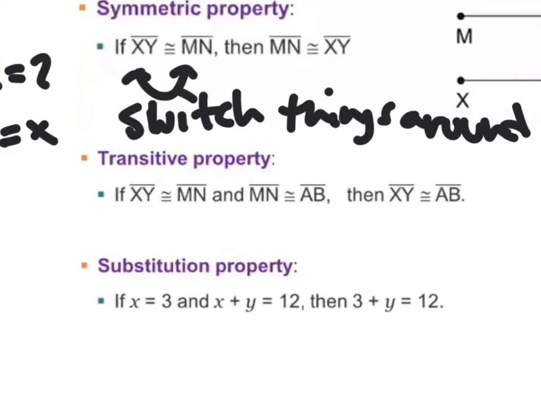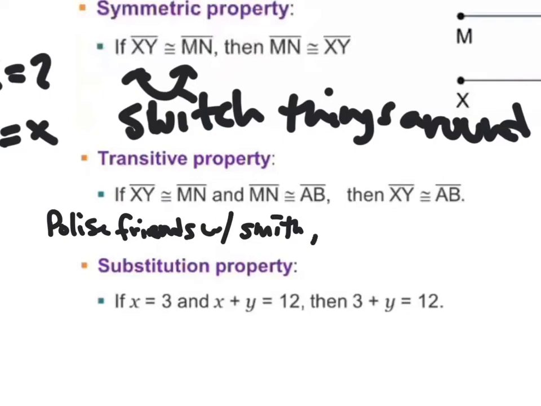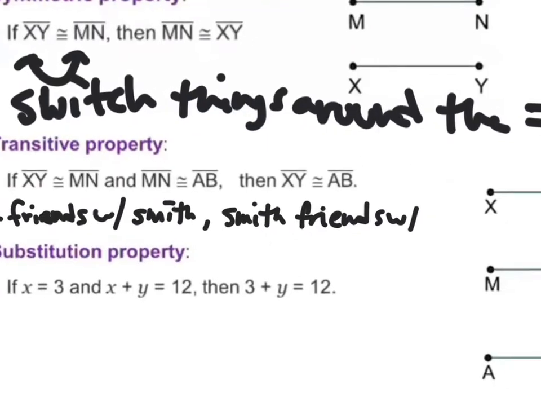Transitive property means that if xy is congruent to mn and mn is congruent to ab, then we can conclude that xy is congruent to ab. Okay, so it's like this. If Police is friends with Mr. Smith, and then we know that Smith is friends with Mr. Marion, then who am I also friends with?